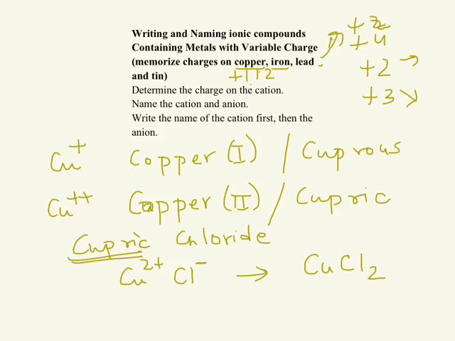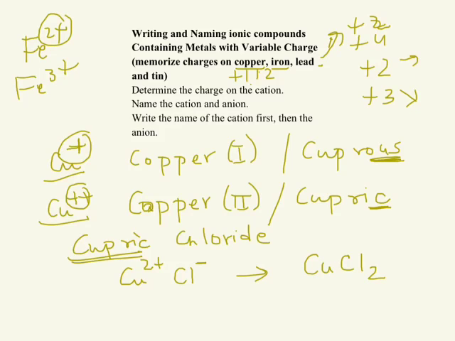Now keep in mind, for example +1 and +2 in copper, the lower charge +1 has "ous" at the end, cuprous. The higher charge has "ic" at the end. Look at iron: Fe2+, Fe3+. Lower charge ferrous, higher charge ferric.